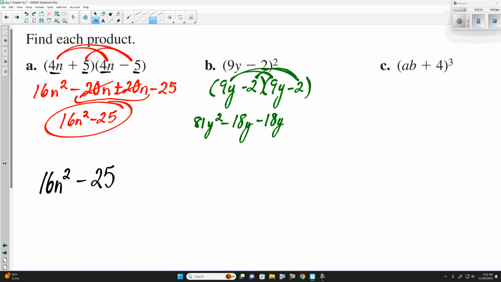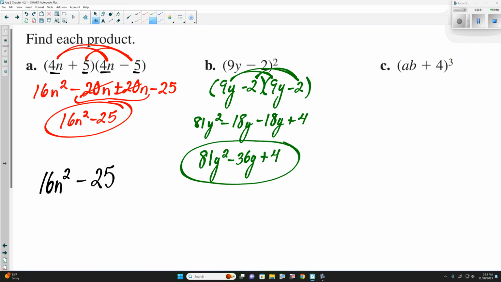And lastly, negative 2 times negative 2 is plus 4. We do need to combine our like terms, telling us that we have 81y squared minus 36y plus 4. And that is our final answer. Questions on this here?